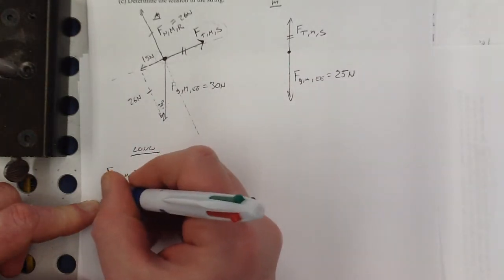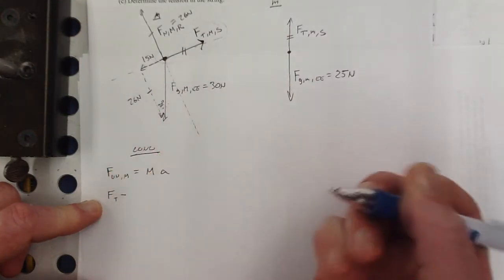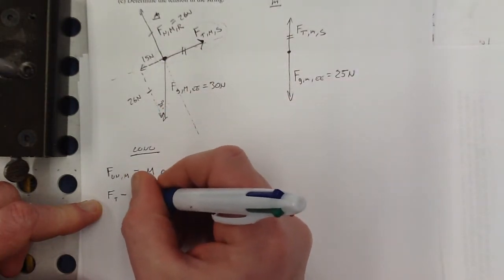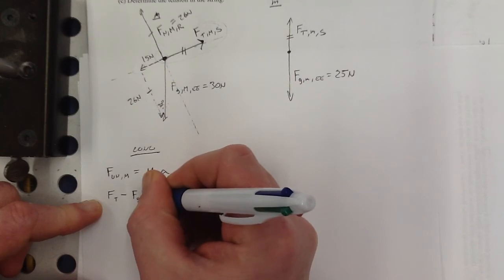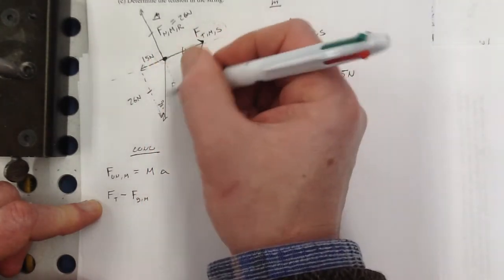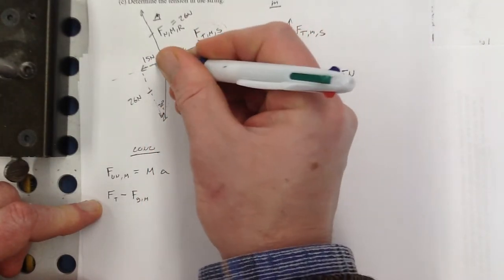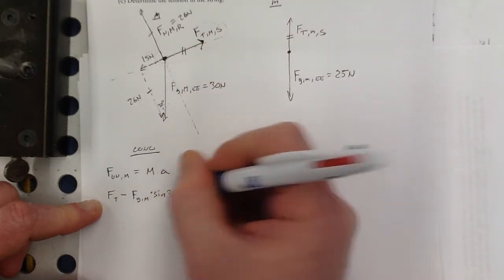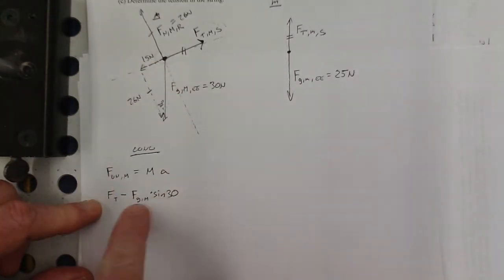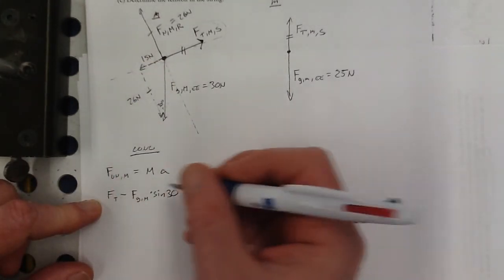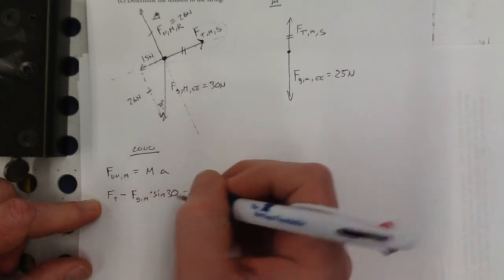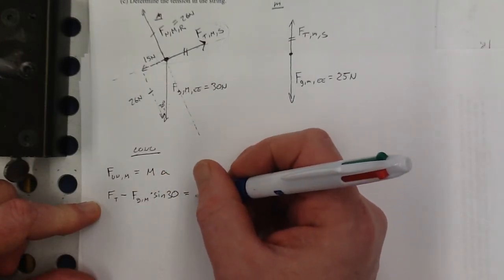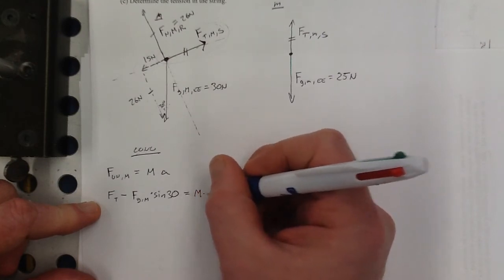So force of tension minus, and before I put the 15 in there, I might want to remind myself or communicate to other humans where did this come from? It's the force of gravity times the sine of 30. It's the sine component of that. It's 15. I'm going to put that in a second, so I'm not going to bust you if you put the 15 there, but that's where it came from, and it's nice to see that for anybody who's paying attention.